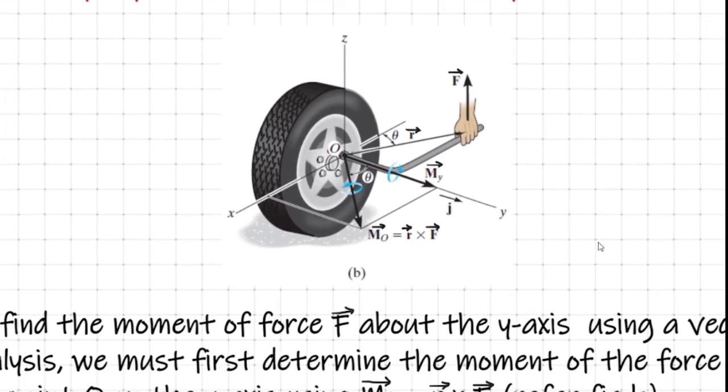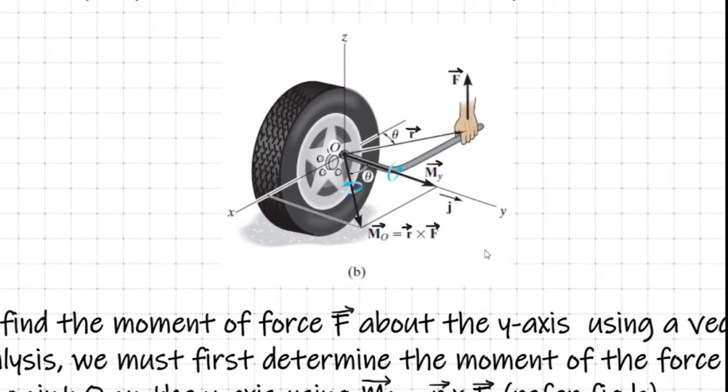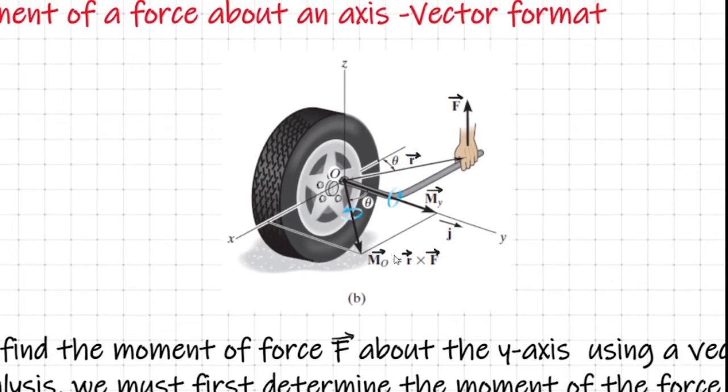Now as you can see, the moment vector MO at the point O will be normal to the plane containing vector R and vector F. It should pass through O and its sense should be determined by the right hand rule. So the direction and the sense of vector MO is given here.